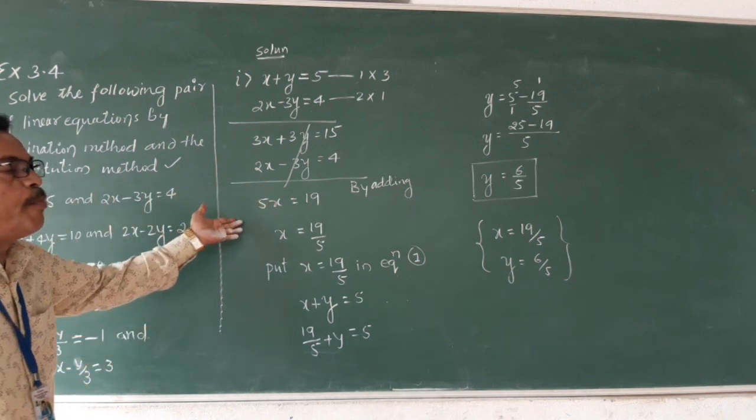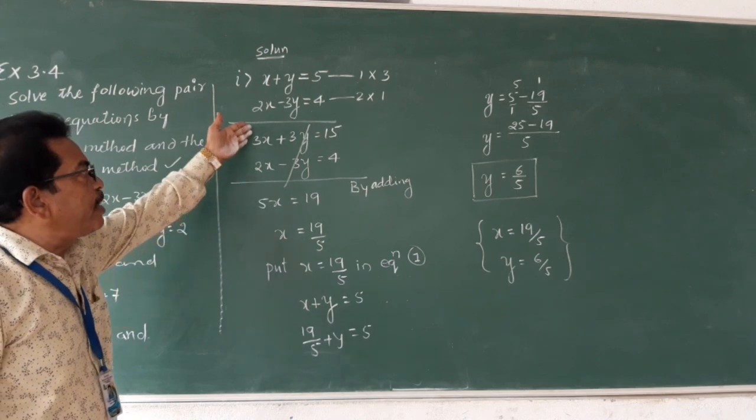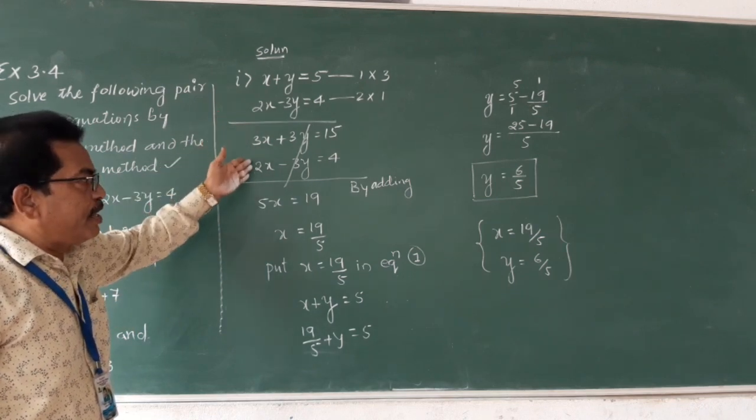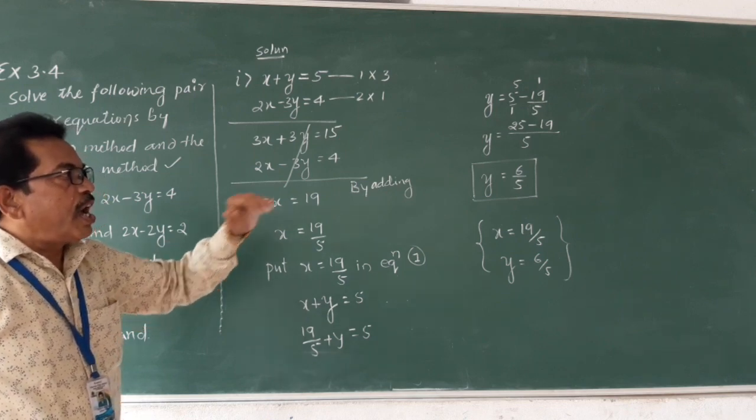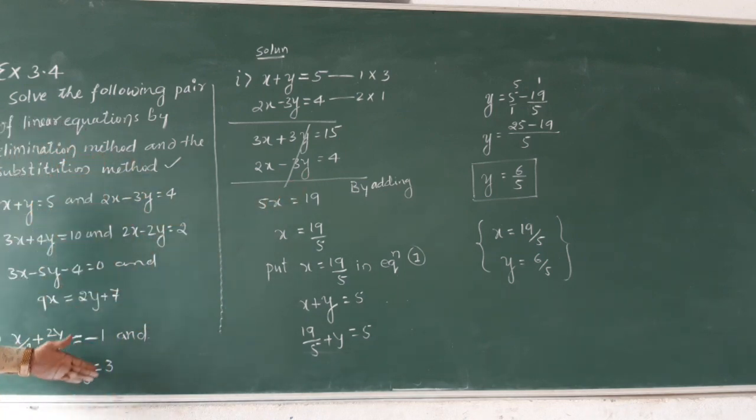Elimination method is a new method. Today itself we are going to solve this one in the elimination method. Observe the elimination method. First I will solve all the questions by elimination method. Then you have to solve all these questions by the substitution method. Okay? Write down the solution.